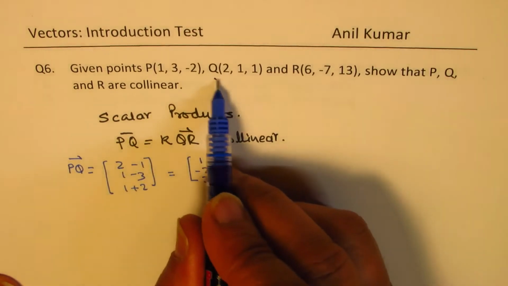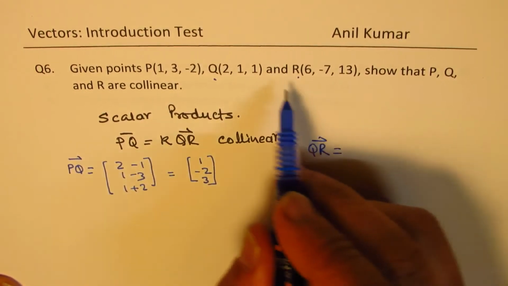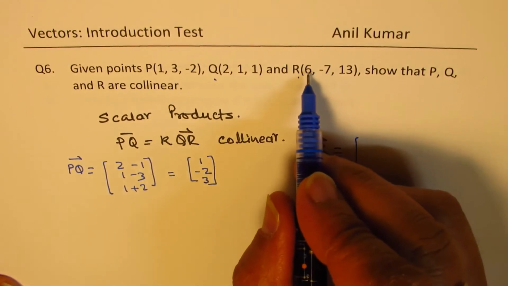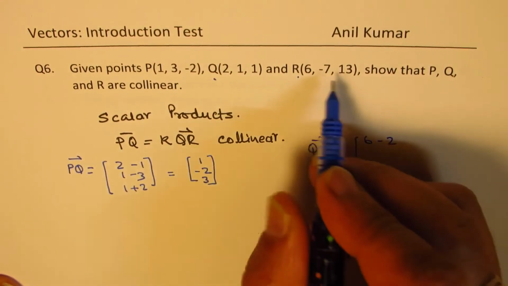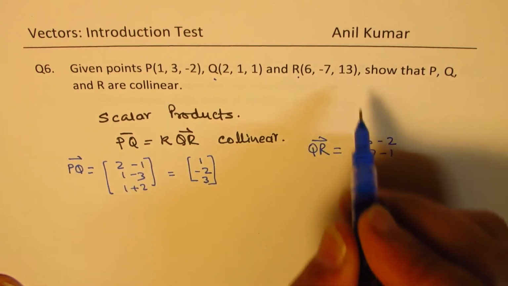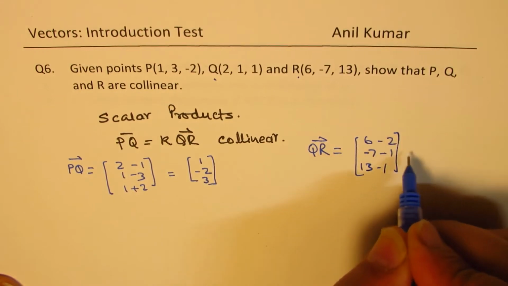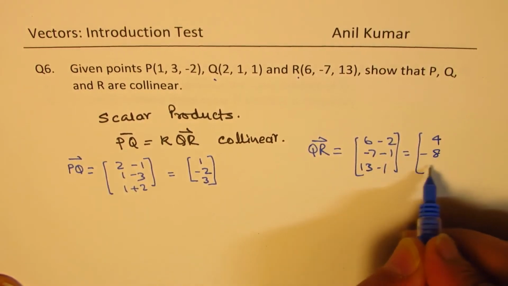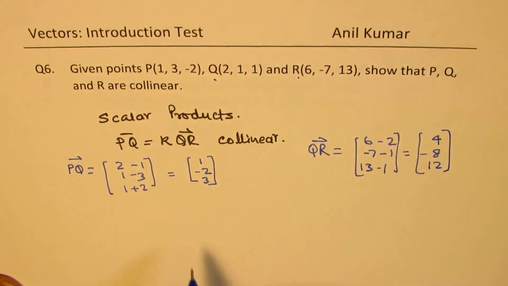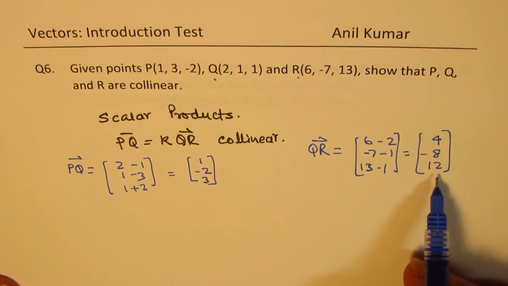Now let's find what is QR. So QR will be 6 minus 2, -7 minus 1, 13 minus 1. Which is 6 minus 2 is 4, -8, and that is 12. So PQ is (1, -2, 3) and QR is (4, -8, 12), right?